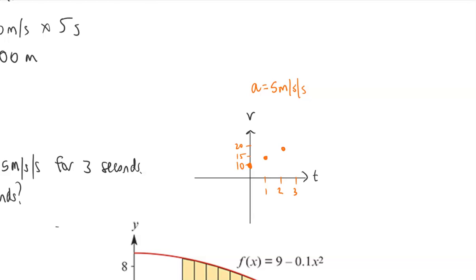And then how fast am I travelling after 3 seconds? 25. Okay, so that graph is really bad. So let's just try and make it a bit better. Okay, so what I've in fact drawn here, we're going to pretend that's a straight line because we've got a constant acceleration.